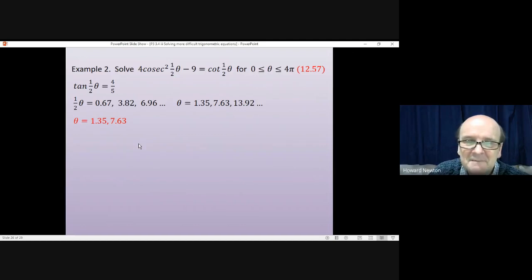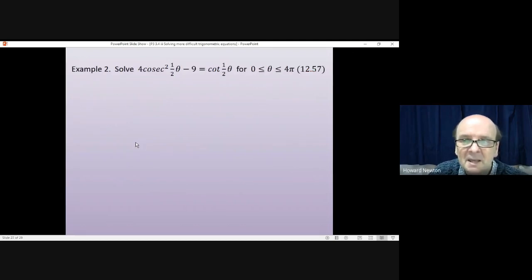The question's basically finished now. It's just a little bit of tidying up to do. So the first set of solutions we got were for tan 1/2 theta equals minus 1. We had those in terms of pi. Because our other solutions are decimals, it makes sense really at this point to change these two into decimals as well. So 3 pi by 2 and 7 pi by 2 as decimals, they're 4.71 and 11.00.